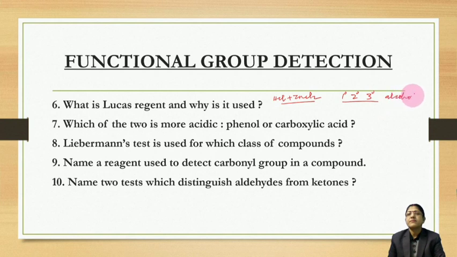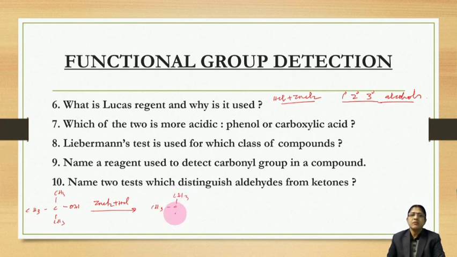If tertiary alcohols, let us consider tertiary butyl alcohol, is treated with Lucas reagent, it forms what? Turbidity immediately due to formation of tertiary butyl chloride, right? So turbidity appears immediately in case of tertiary alcohols.